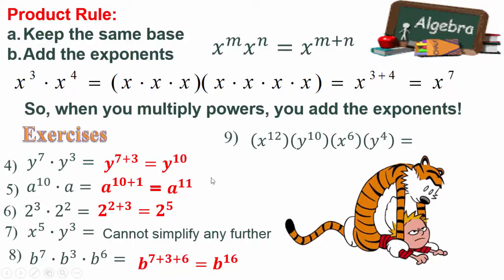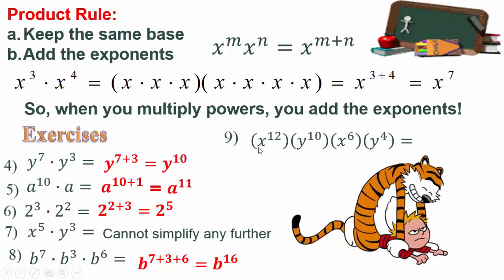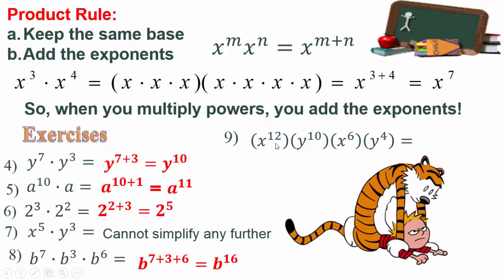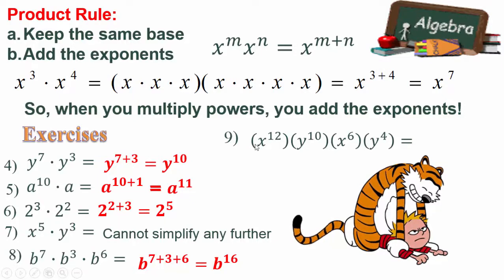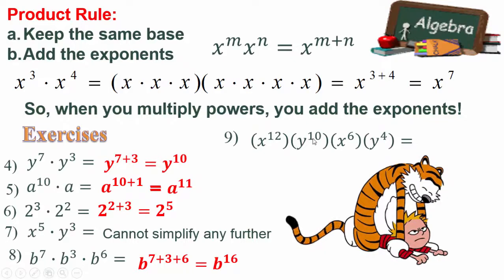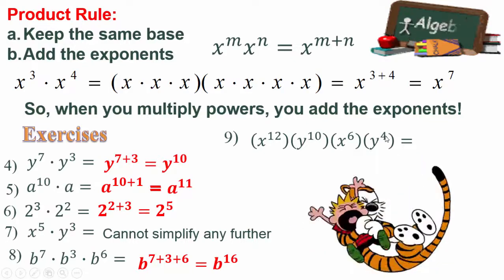And then in example number 9, again, you want to be very careful of your bases, because here we have x's and here we have y's. So we can add up our x's, 12 plus 6, and then our y's, 10 plus 4.